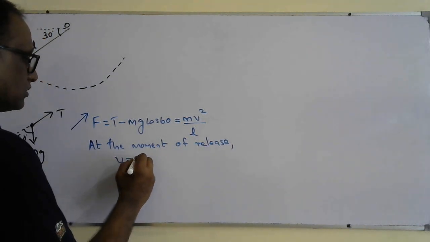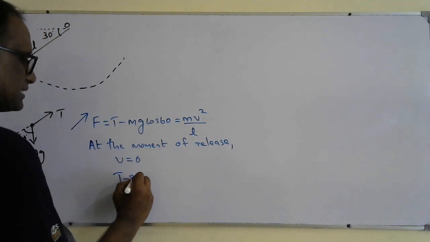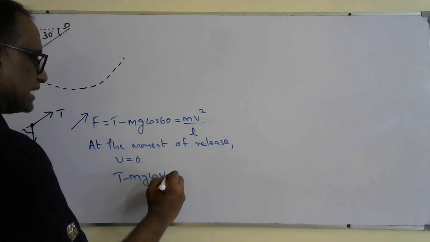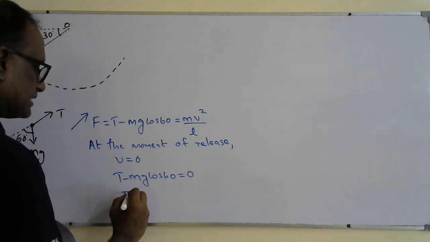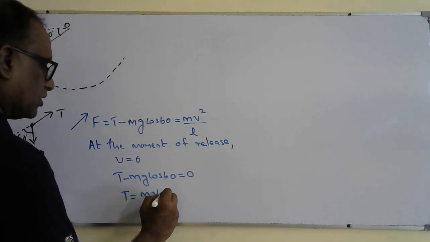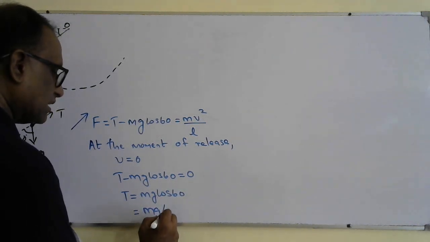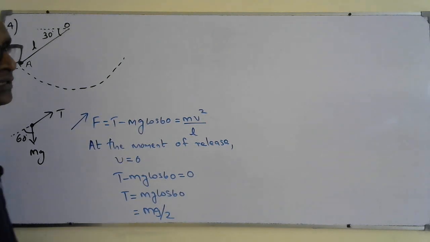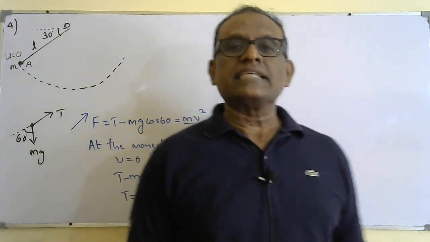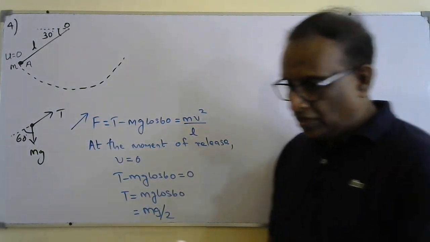So T minus mg cos 60 equals 0. So T is equal to mg cos 60. So the tension at the moment she is released is mg by 2. That's the answer for the first part.